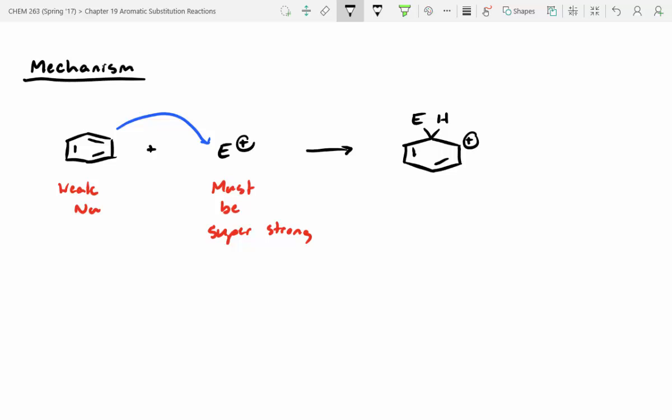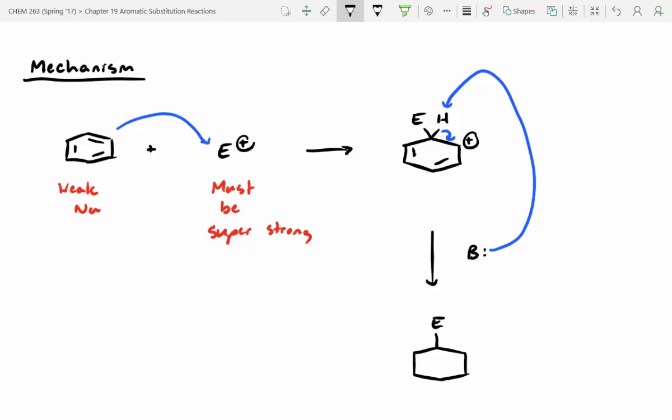So at this point, what we need to do is clamp down using a base and restore aromaticity to the system. So at this point, we're doing pseudo-elimination chemistry in order to regenerate our aromatic ring system. This intermediate with that positive charge has a special name.